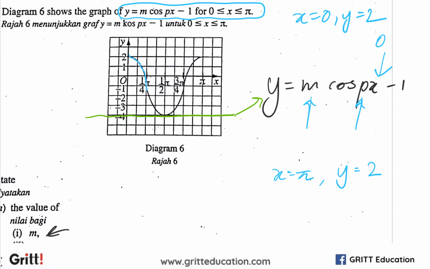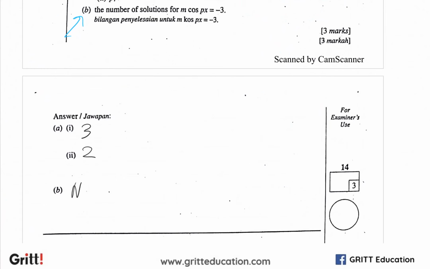The way you find the number of solutions is to see how many points at which the two graphs touch. And in this case, there's only one point, which is right over here. It touches at that part. So the number of solutions is equal to 1. So that's your answer.